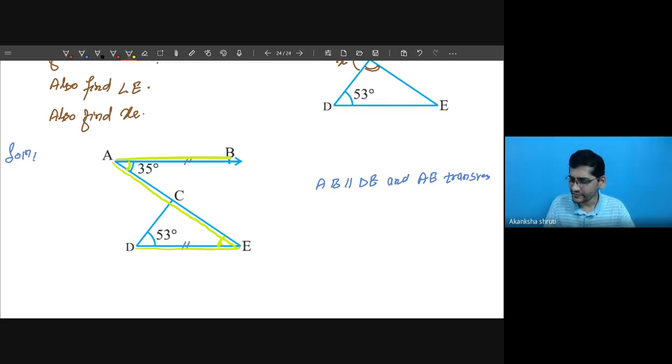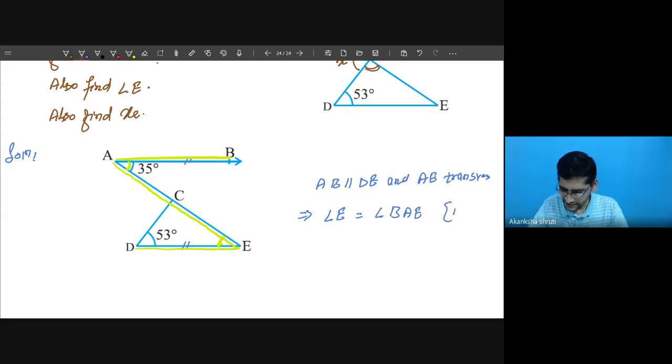Is it okay? So from this we can write directly, this implies angle E, which is inside the triangle, is the same as angle BAE, or whether you call this BAE or BAC, they mean the same thing. Okay, student? Good.